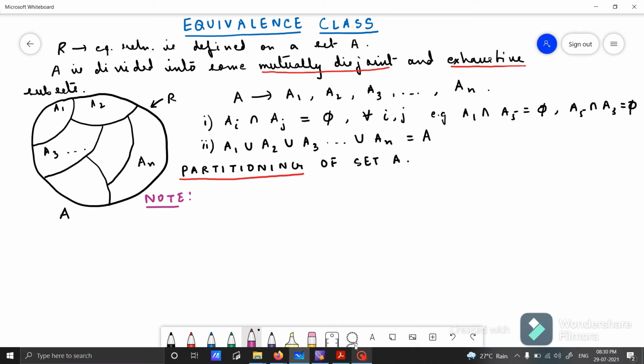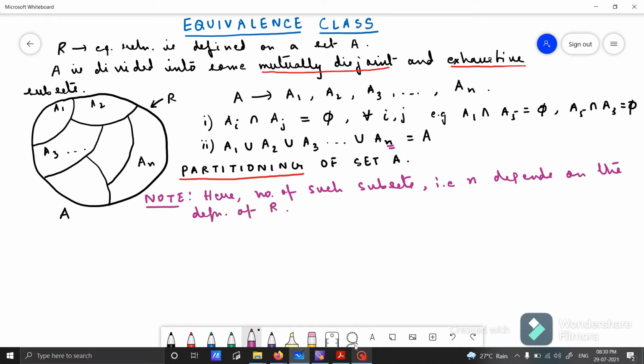That will depend on the definition of the equivalence relation R. So the number of such subsets, which I have denoted by n, depends on the definition of R. If you keep changing the definition of the equivalence relation R, then the number of such subsets, that is the whole partitioning of set A, will change.